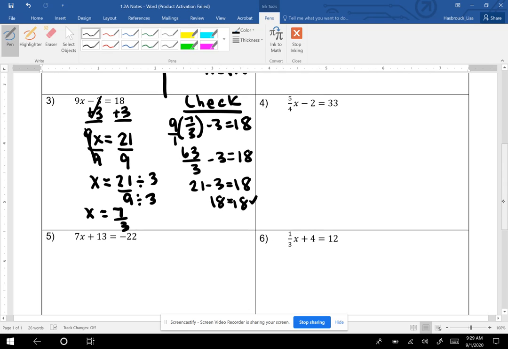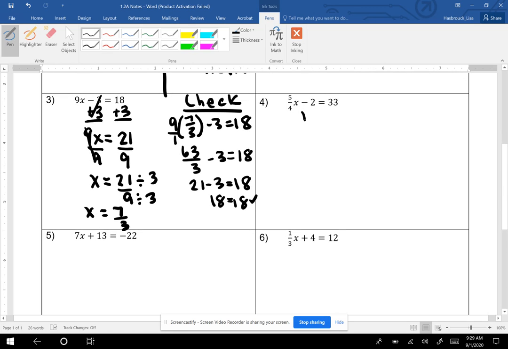For number 4, I'm going to start by moving the 2. So I'm going to add 2 to each side. I get 5/4 x equals 35. Now to get rid of a fraction, we have to multiply by what's known as the reciprocal. The reciprocal is where you flip the fraction. So I'm going to multiply both sides by 4 over 5.